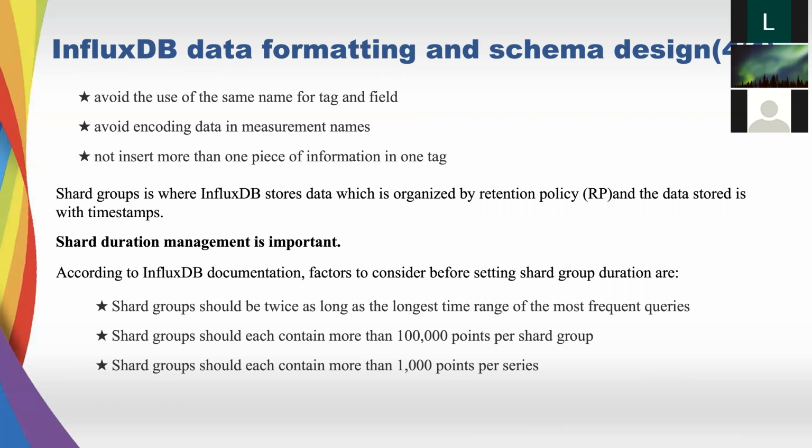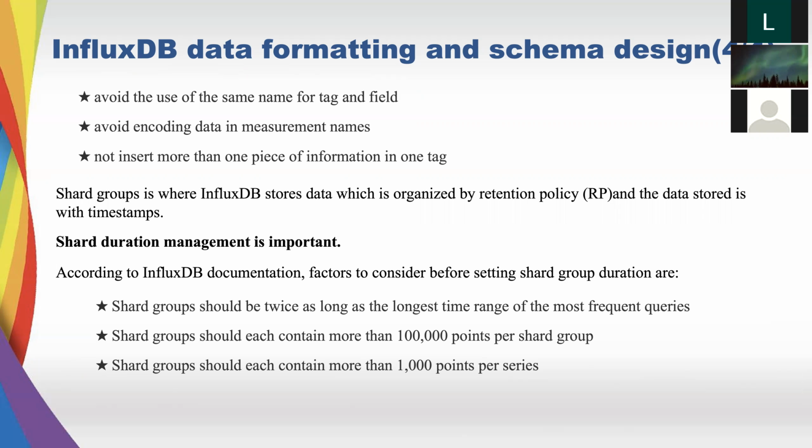We also need to look carefully at shard groups while designing the Influx schema. A shard group is where InfluxDB stores data, organized by retention policy, and the data is stored with a timestamp, so the timestamp is very important.